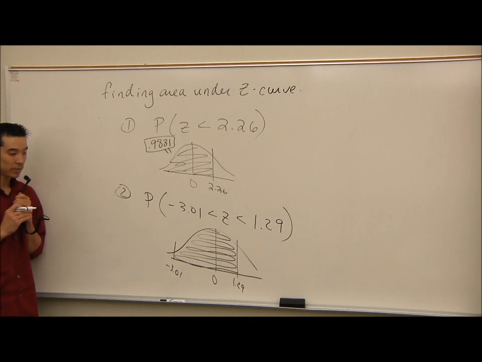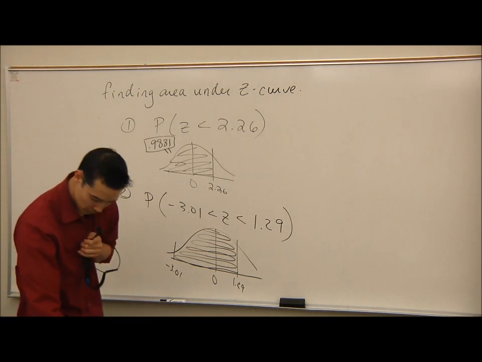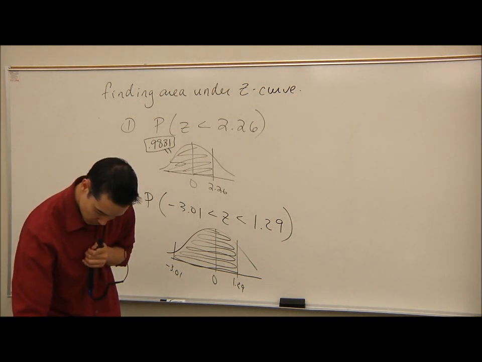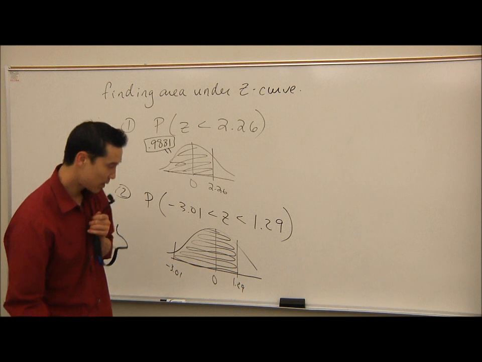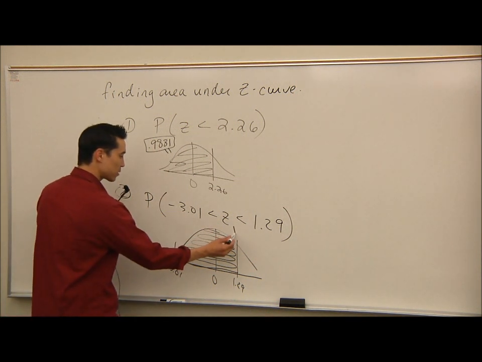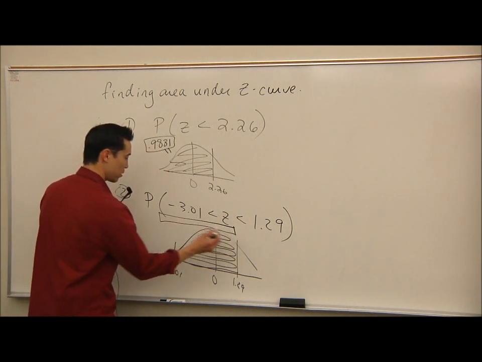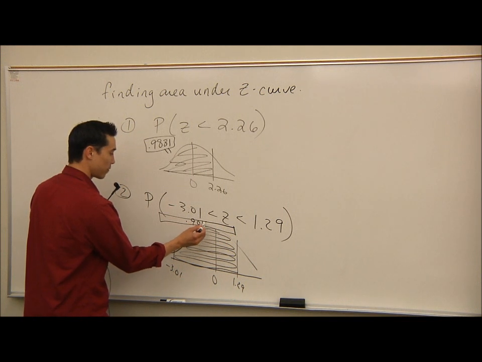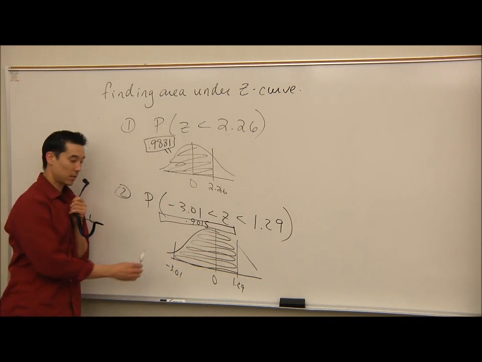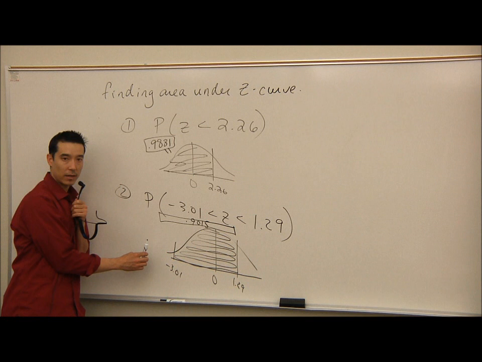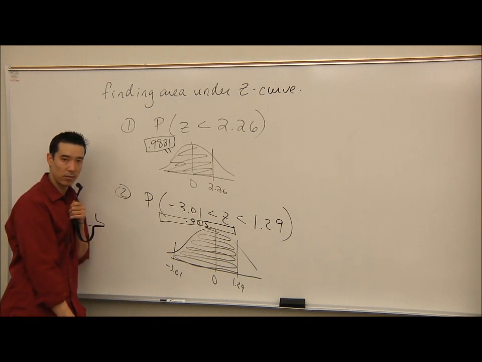If I look up 1.29, what does it give me? .9015, right? So this whole area is .9015. But that's more than I want, because I don't want to the left of negative 3.01, right? So what am I going to have to do with that to the left of negative 3.01 area? Subtract it off, okay?